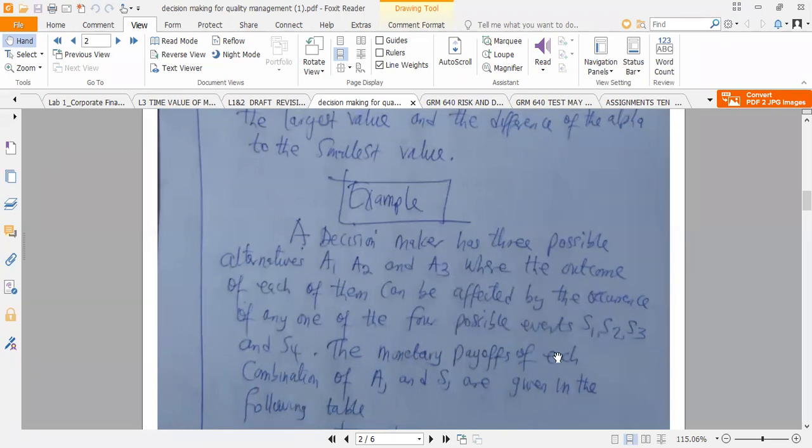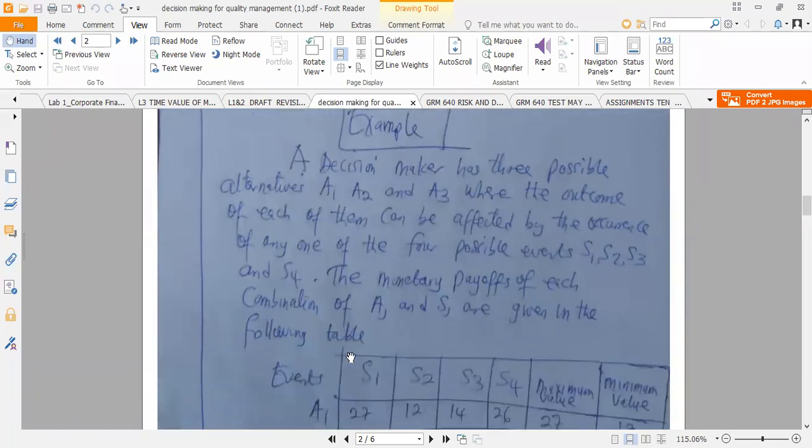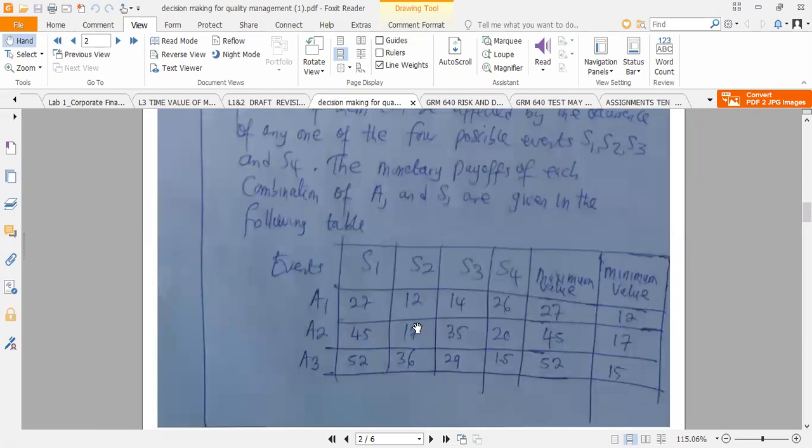We have S1, S2, S3, and S4. And we've been given what we call a monetary payoff for each combination. We have A's and S's, which are given as follows. So we have A1, A2, and A3. We have S1, S2, S3, and S4. Now we want to use what we call maximax value.